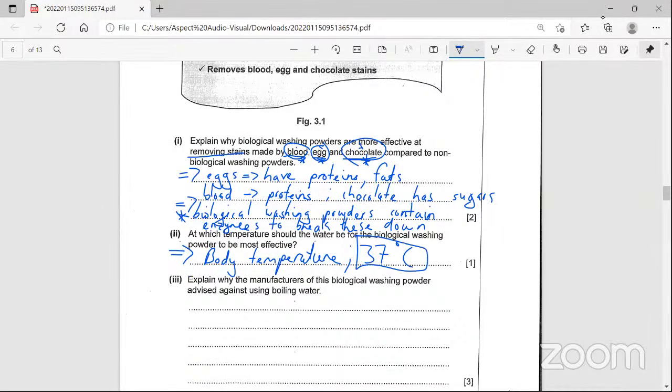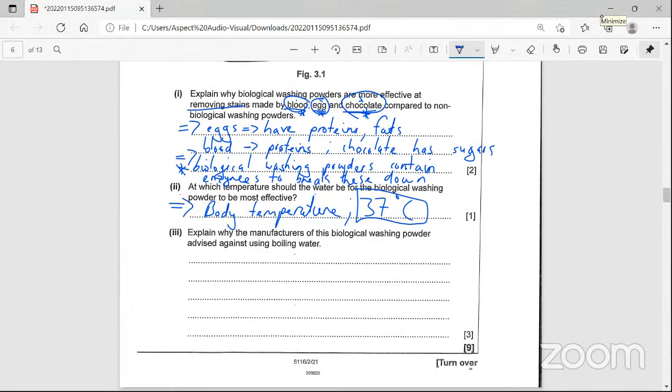You have to specify. Are we together? The guys online, are you okay? Please take note. That's why we use body temperature at 37 degrees Celsius.